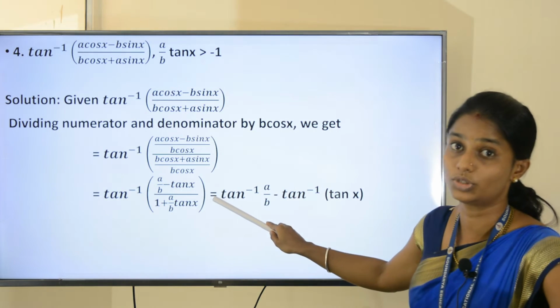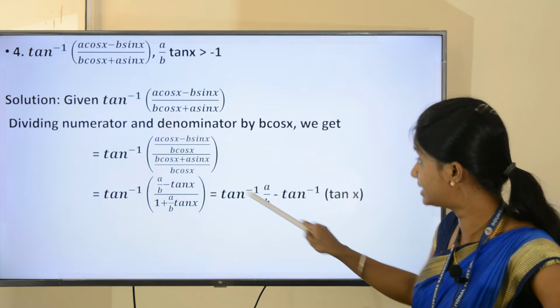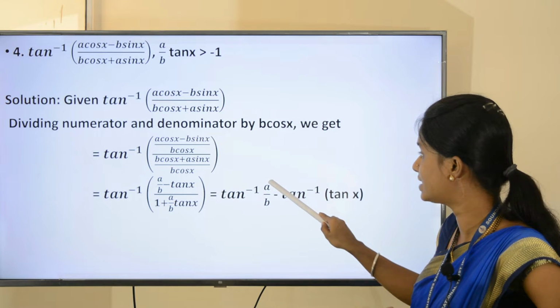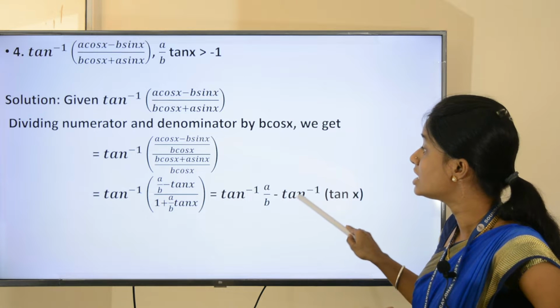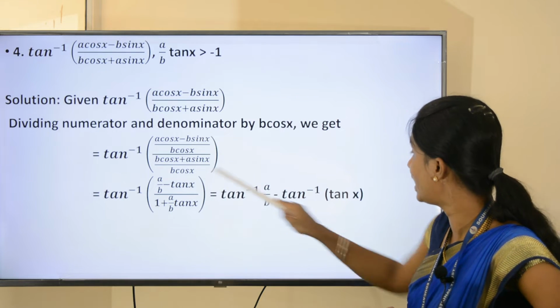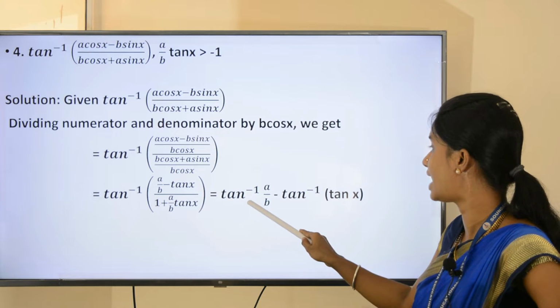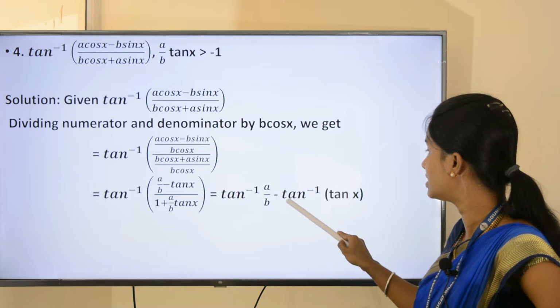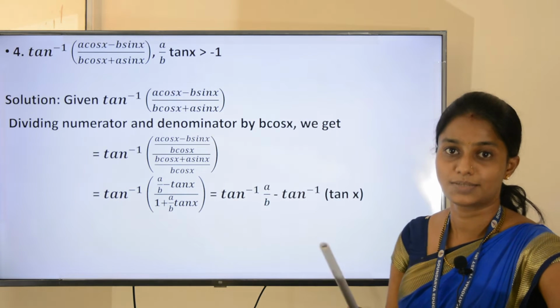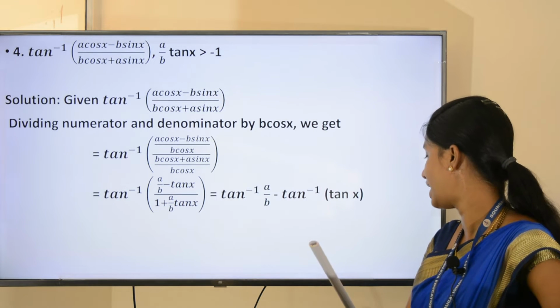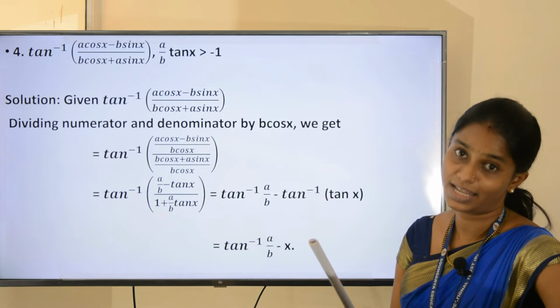So that is equal to tan inverse x, that is a by b: tan inverse a by b minus tan inverse y. What is y here? That is tan x. Okay, that can be written as, students, tan inverse a by b minus, here I can apply the property that tan inverse of tan x can be written as x only.